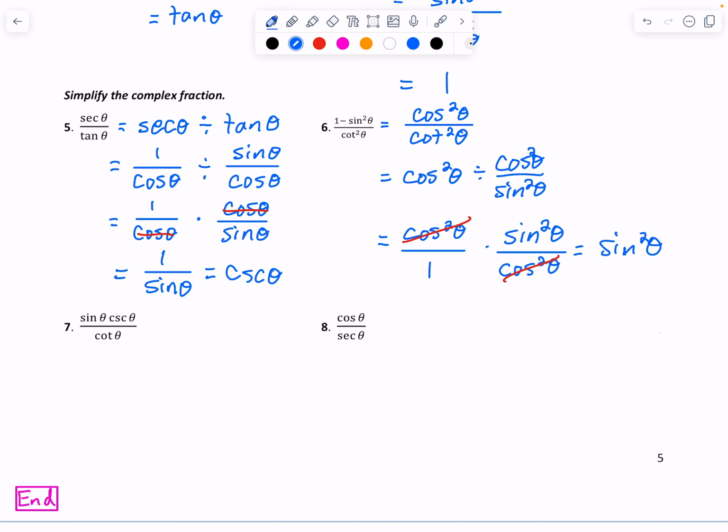Okay, 7. Sine becomes sine theta over 1. The cosecant is 1 over sine theta. And then on the bottom, it becomes cosine theta over sine theta.